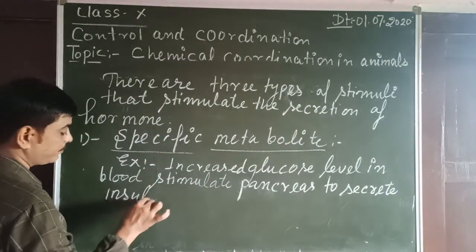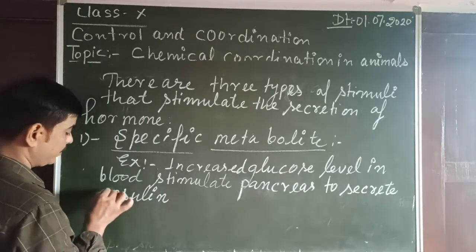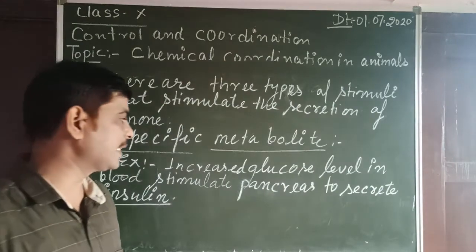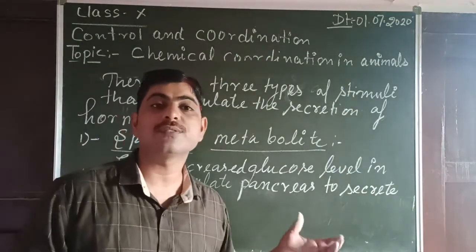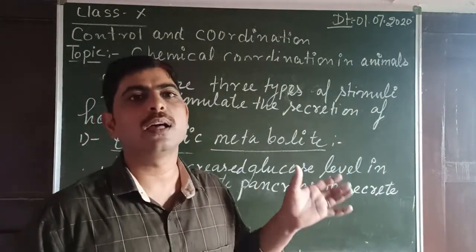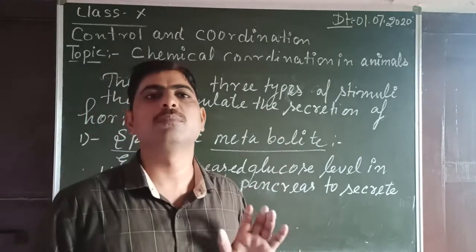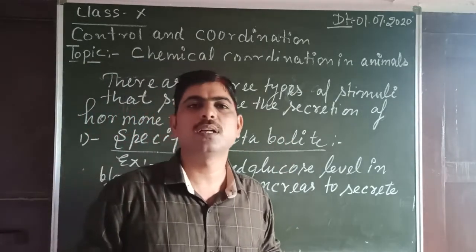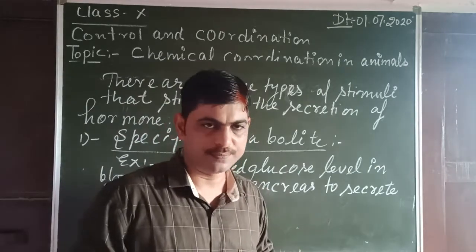Insulin. Okay, insulin hormone is secreted by the pancreas, and the situation is when the glucose level in the blood has increased. To maintain the level of glucose in blood, insulin is secreted.